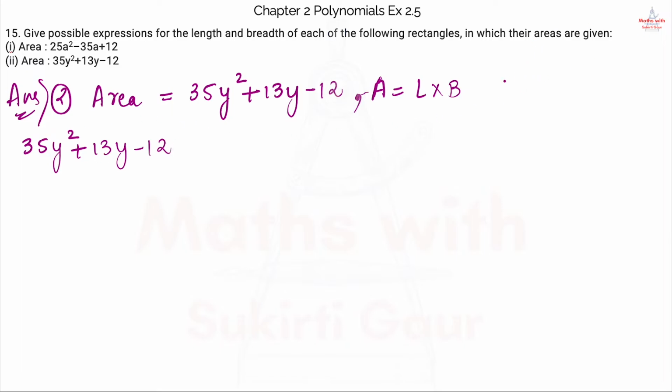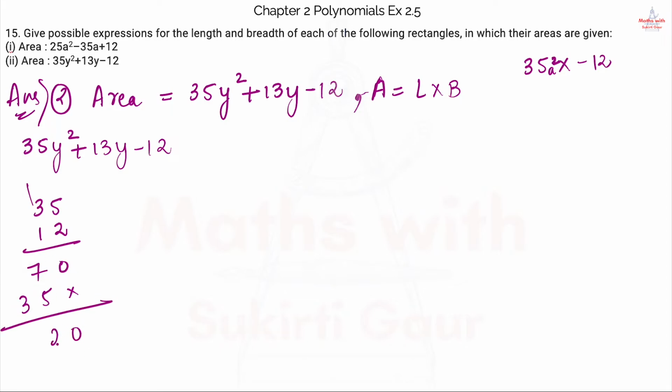What do we do? We multiply the first term with the last one. So if I multiply 35 into minus 12, and here it is y square, we would be getting... I would solve it on the side, then I'll rub it from here. 35 into 12 will give us 420.